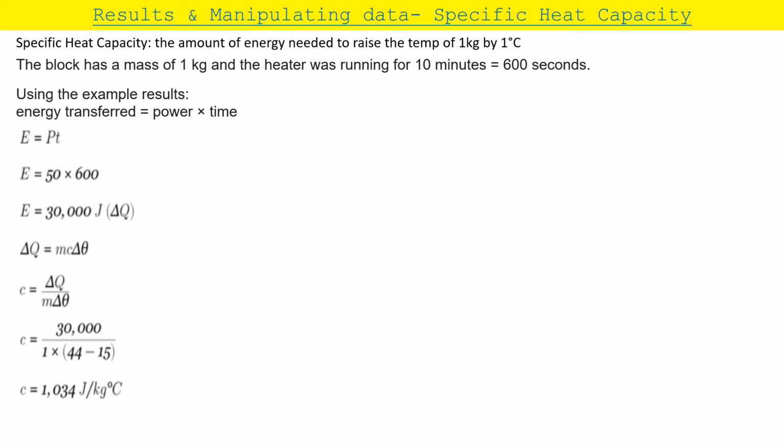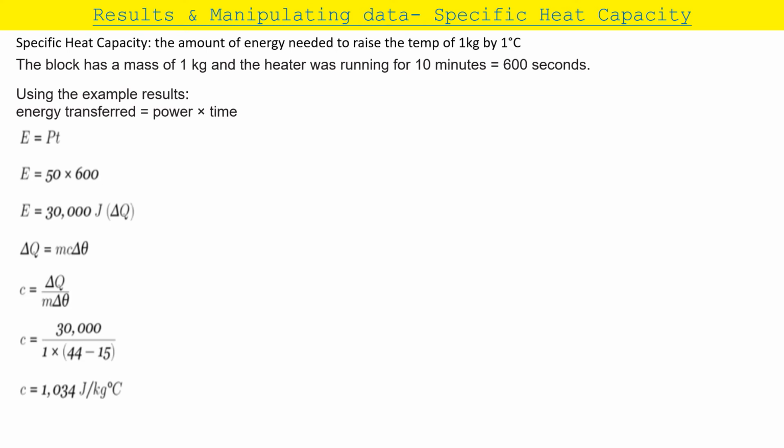And therefore we do 50 times 600 equals 30,000 joules, which gives me my Q, which is energy supplied or energy transferred.